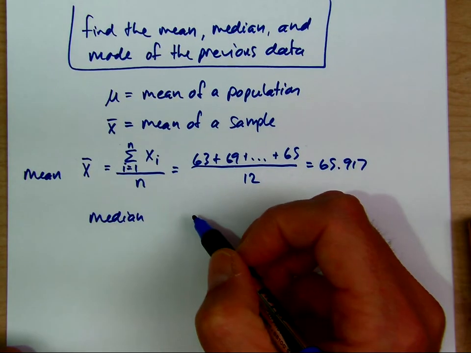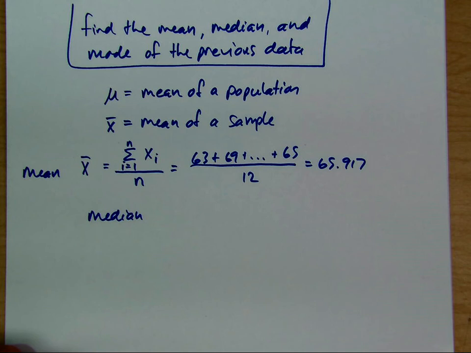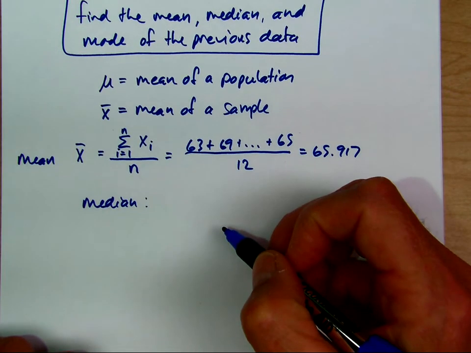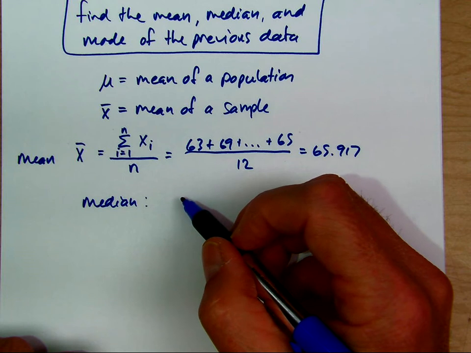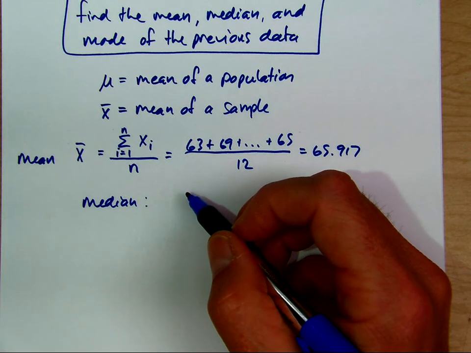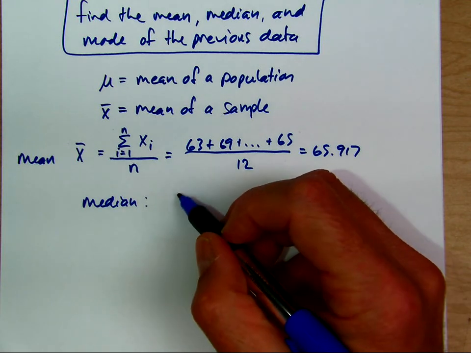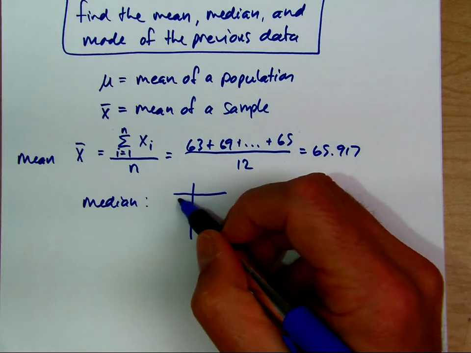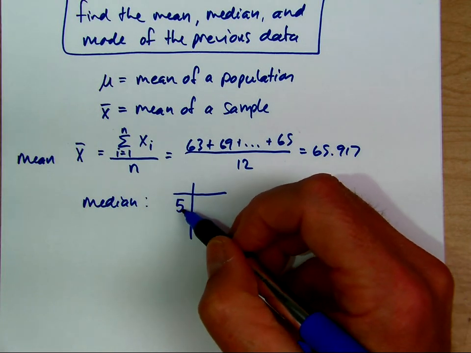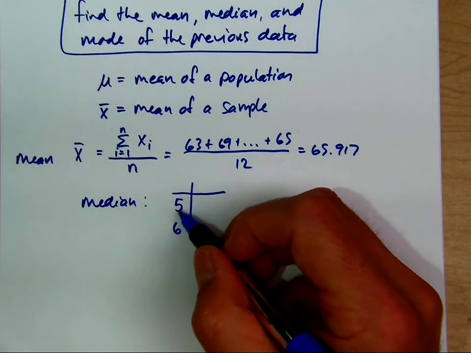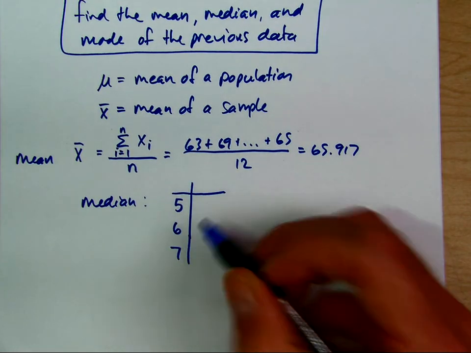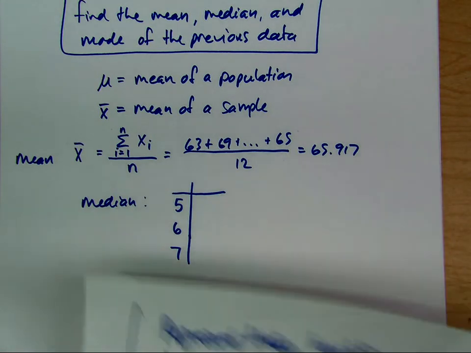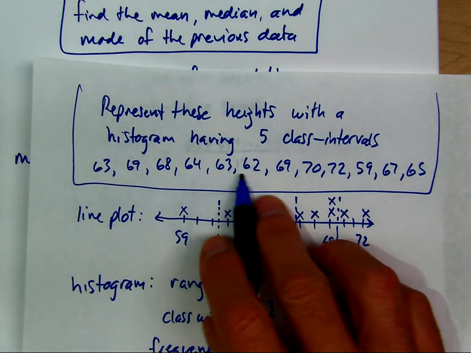And then we have the median, and the median is the middle value. So to do that, a stem plot is helpful. So let's look at if we put all the numbers in order, and we start with the tens place value, 50s, 60s, and 70s. And we look back here and find we have a 59.